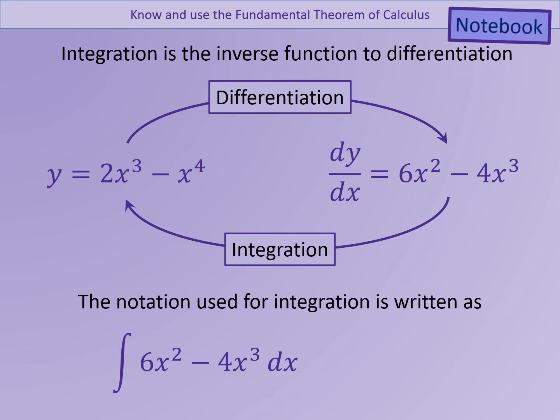That's what this dx means. And as far as you're concerned, with respect to x basically means I'm going to integrate this polynomial that has lots of x's in it. And we now know the answer to this question will be 2x cubed minus x to the power of 4, based on what we can see in the diagram above.